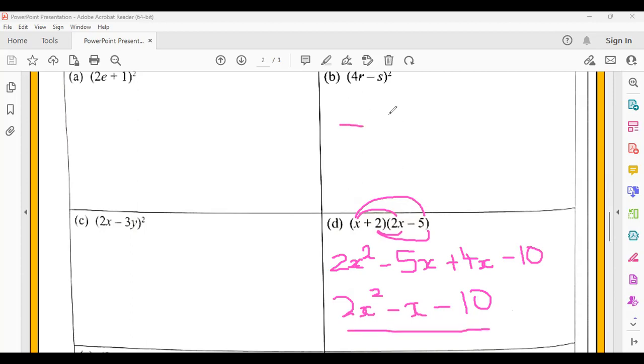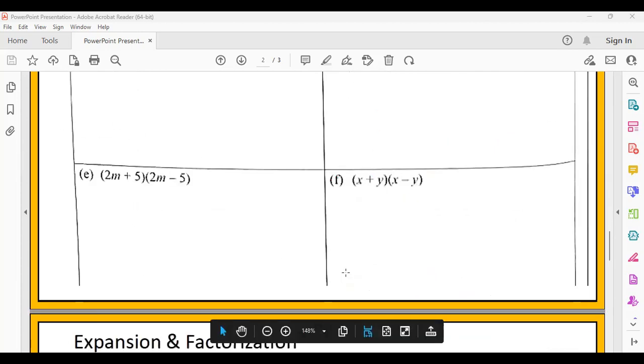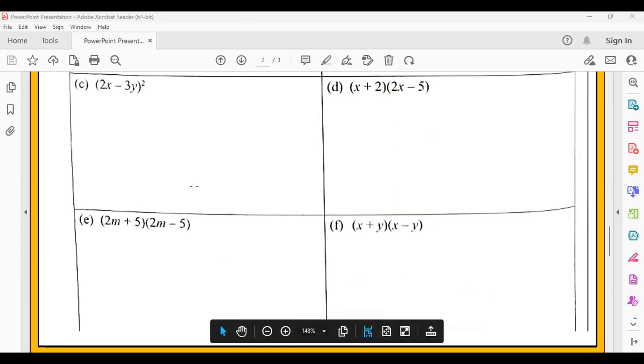All right, it's negative 5 plus 4. So yes, I'm going to get negative 1. But negative 1 or 1 needn't be written. Okay? But you need to write the x. Okay? All right? Okay, good. Well done. Good job. So, girls, with that, I'm going to go on now to this part, E and F.